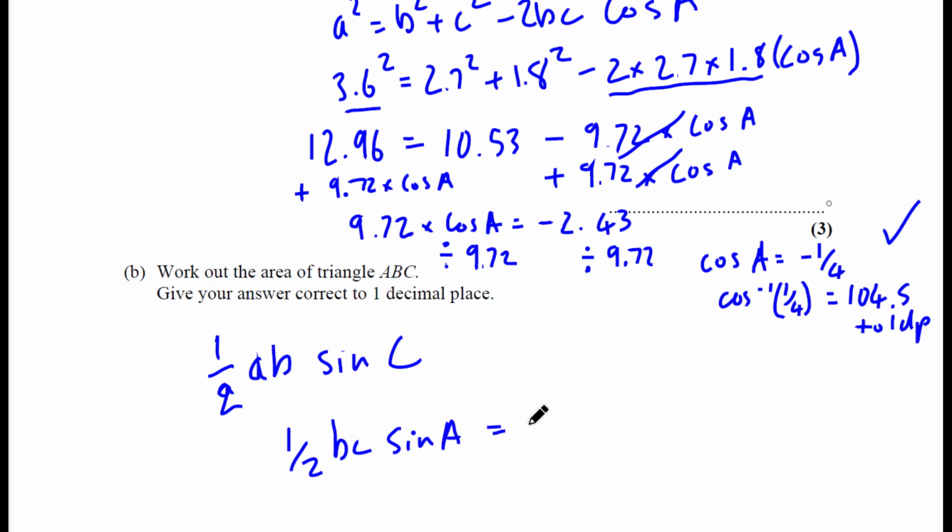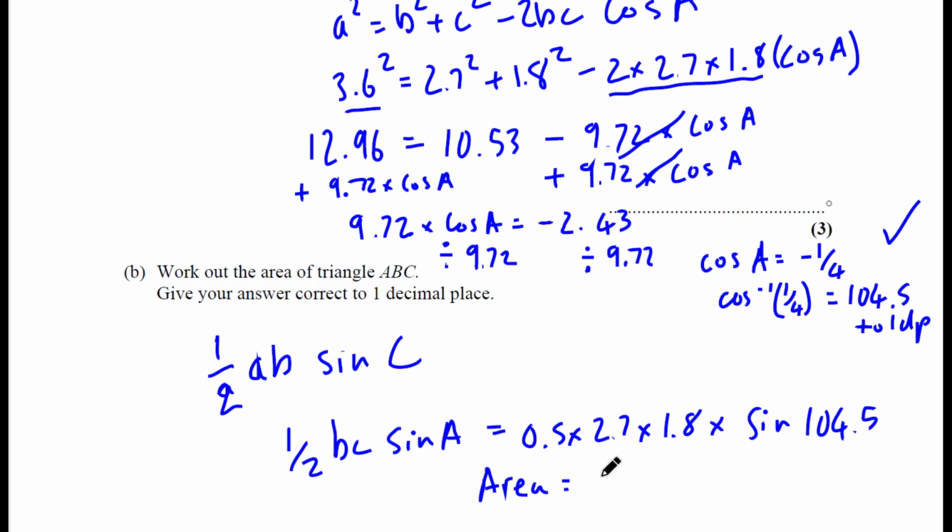So that will just be 0.5 times 2.7 times 1.8 times sine 104.5.